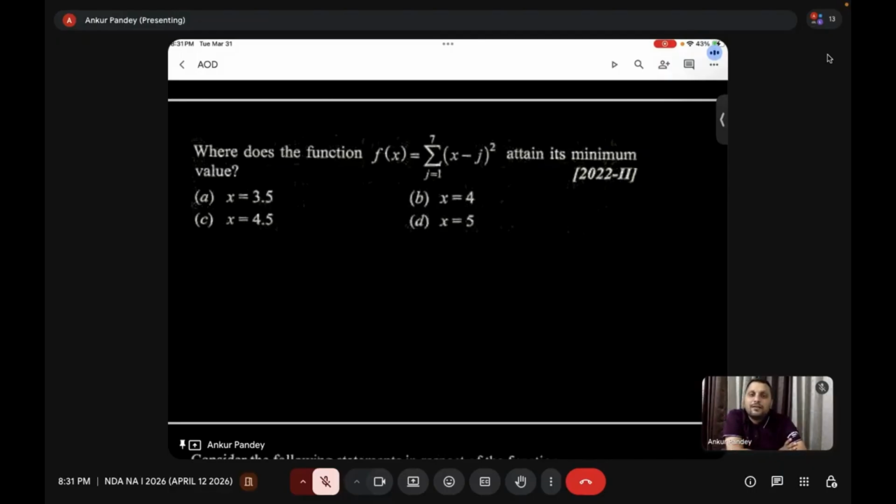Someone unmute and tell. So, 4.5. 4.5 or 4?